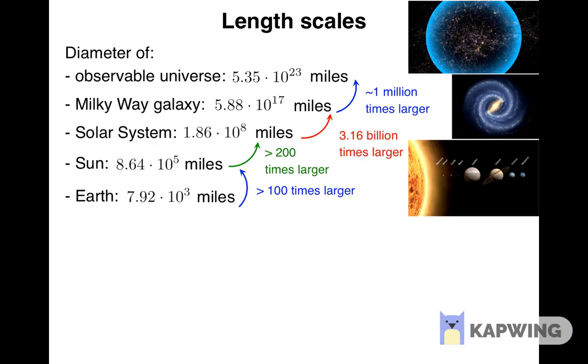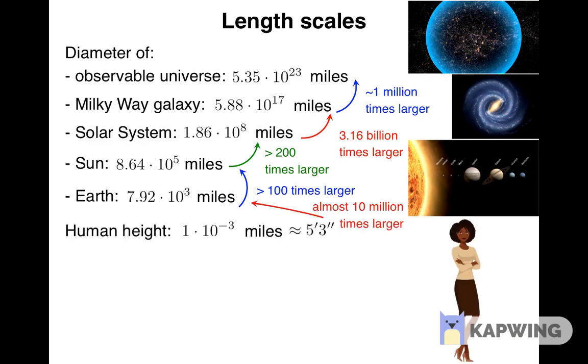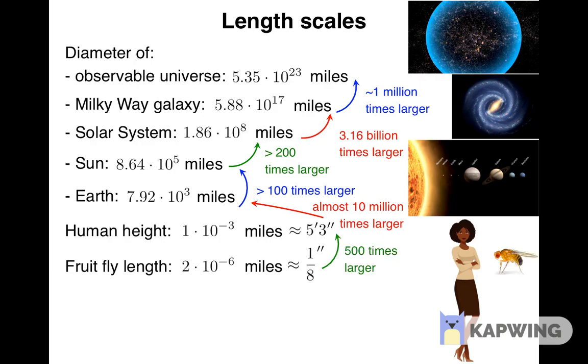Now, what happens if we go to even smaller lengths? The height of an average person is almost 10 million times smaller than the diameter of the Earth, about 5 to 6 feet, or 0.001 mile. The size of a fruit fly is another 500 times smaller, about 1/8 of an inch or 2 times 10 to the minus 6 power miles.